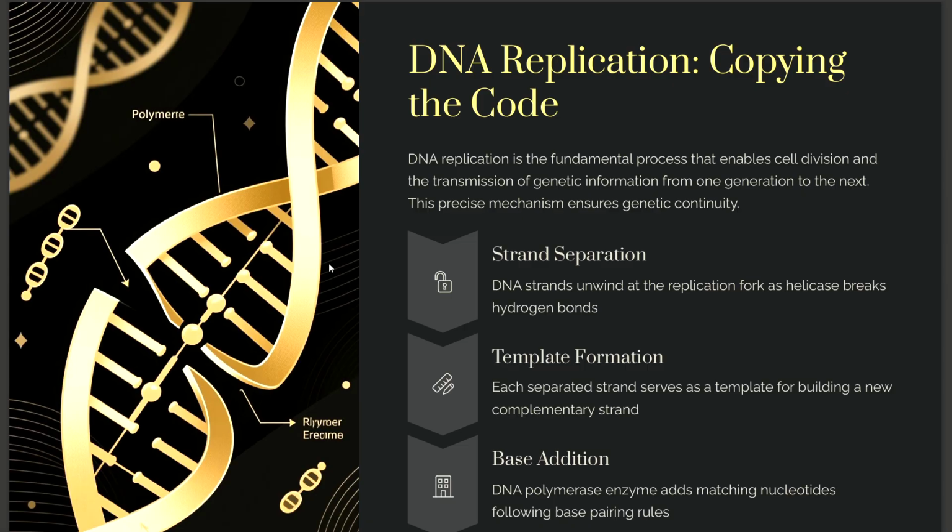This precise mechanism ensures genetic continuity. In the first step, DNA strands are separated from each other. The DNA strands unwind at the replication fork as helicase breaks hydrogen bonds.